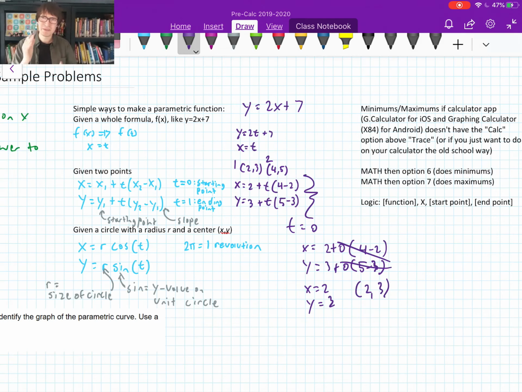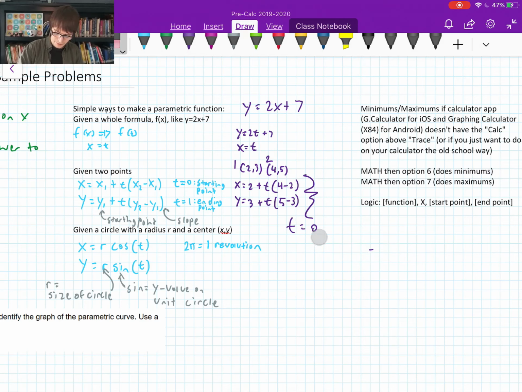You might be able to see why that makes sense, because in our equation, on the left side we have x equals x1, it starts with x1, and it starts with y1. So this x1 and y1 is really our starting point of the equation. That's cool. Now, let's say we plugged in 1. If I plugged in t equals 1, instead of just having the actual points, we'll actually get something a little bit beyond those points.